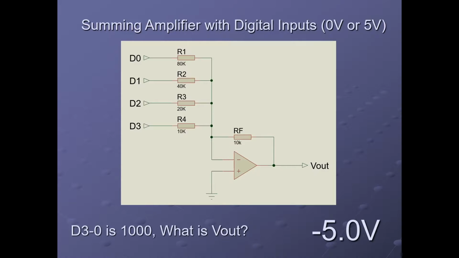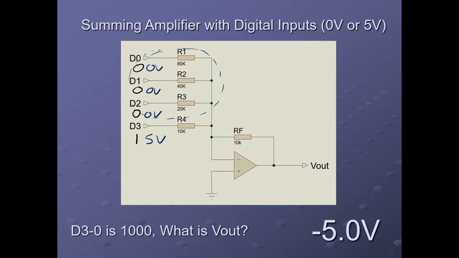I'll show you why. D3 to D0 is 1 0 0 0, so D3 is a logic 1 and these are all logic zeros. It says up here that a logic 1 would be 5 volts. So these are 0 volts, 0 volts, 0 volts, logic 0, and a logic 1 will give me 5 volts. So this lot here is not really doing anything because there's 0 volts going into it.